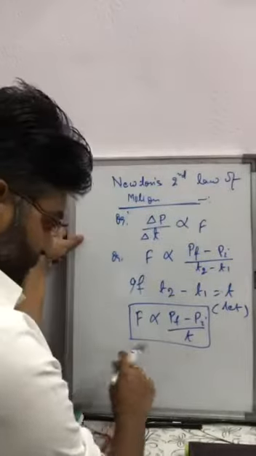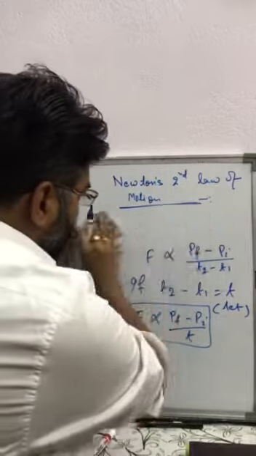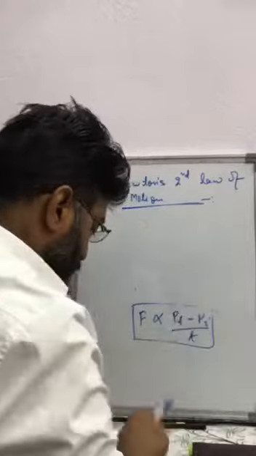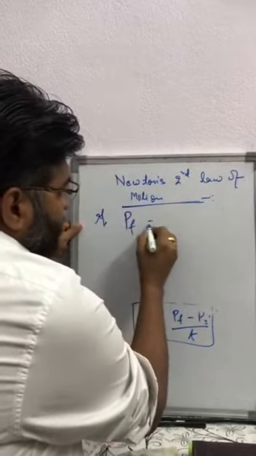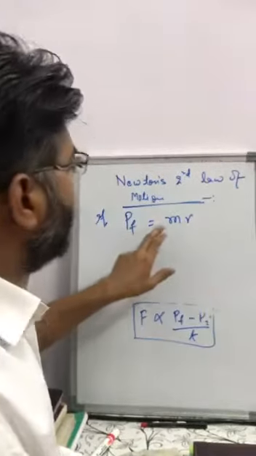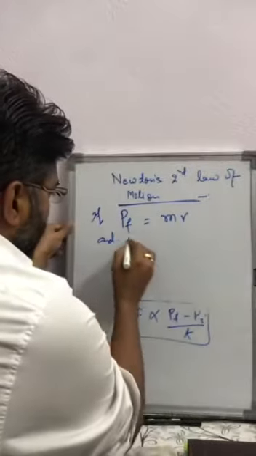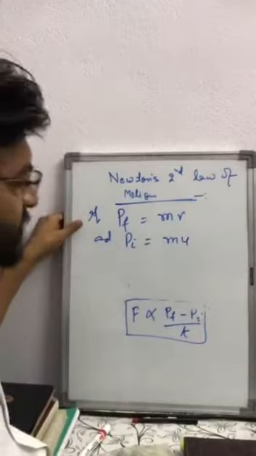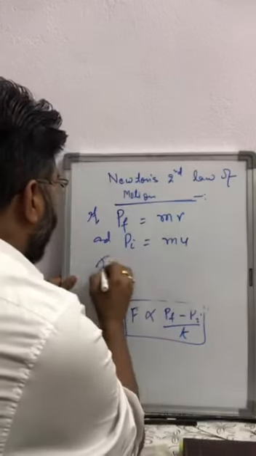Now again we can write, Pf, the final momentum, is equal to mass into final velocity, mv, and P initial is equal to mass into initial velocity, mu.